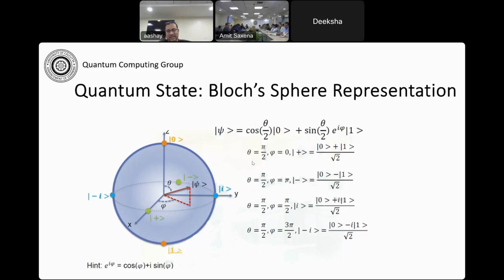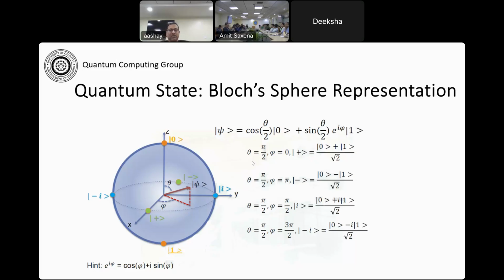So the z-axis has two extreme quantum states. One is the 0 and one is the 1. These are the very fixed states of our single qubit system. These can always be measured, right? We can always measure a qubit as a 0 or a 1.